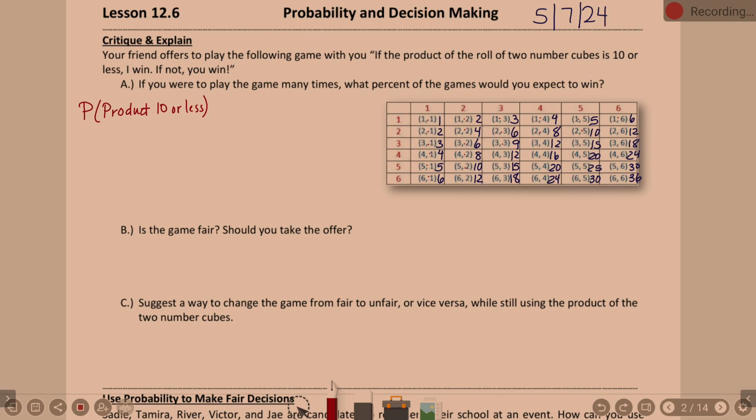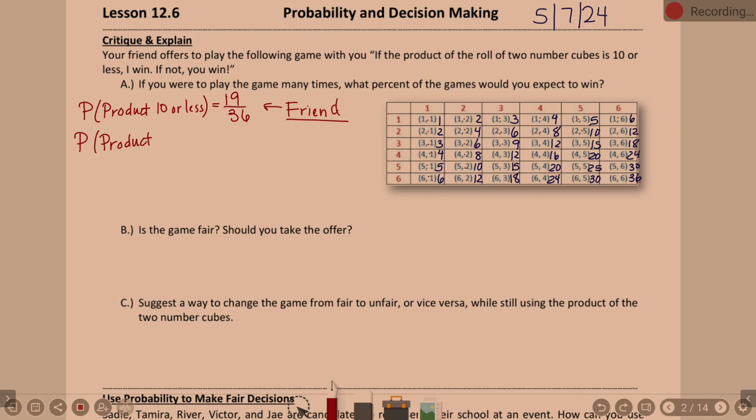Yes. And that's 19 out of what? 36. Okay, that's 19 out of 36. And that is who? If they win, that is your friend. Fair enough? Now, if not, you win. When do you win? The 36 minus 19. I'm going to write it here as when the product is not 10 or less, because it's the opposite.